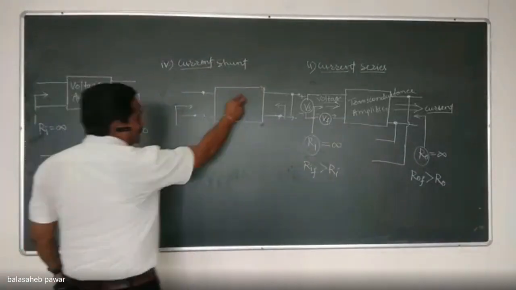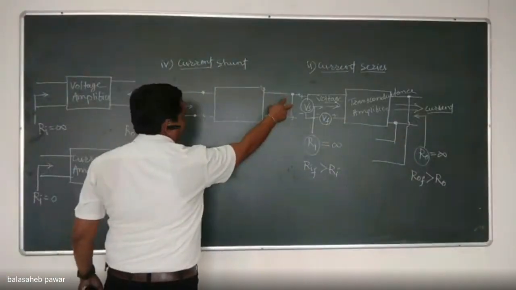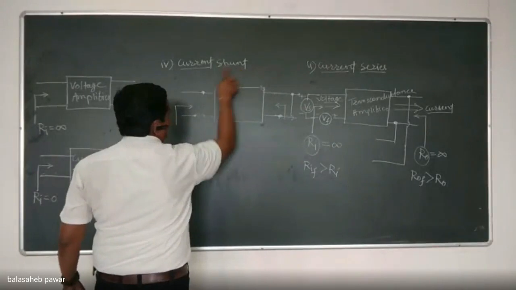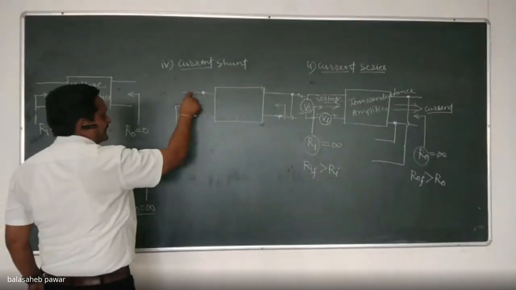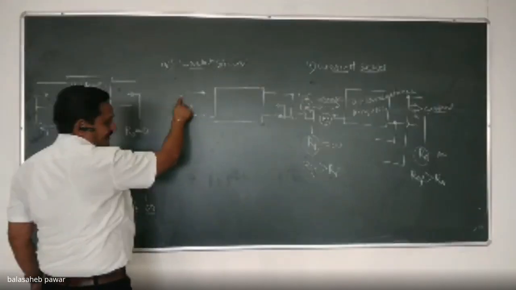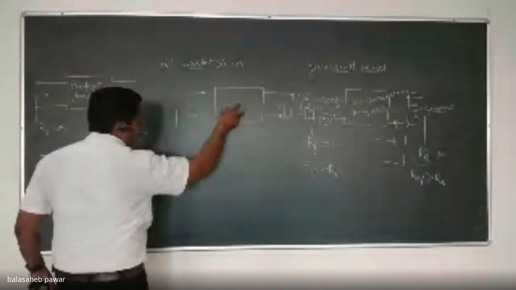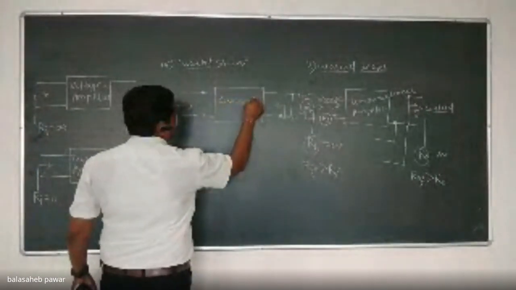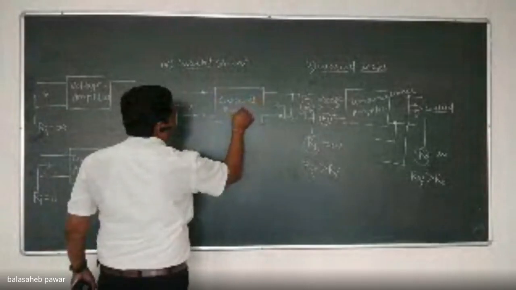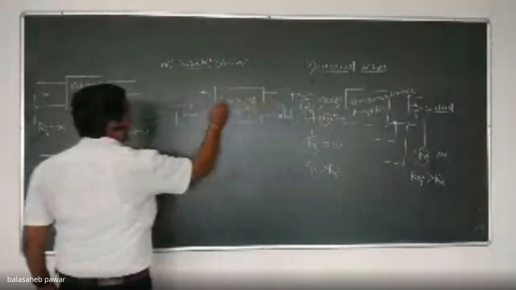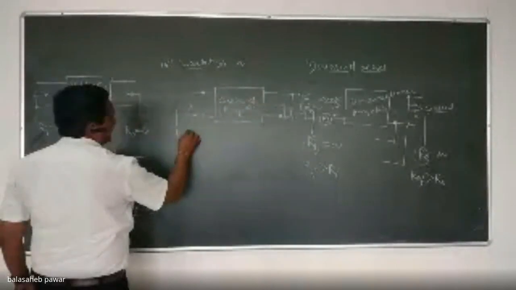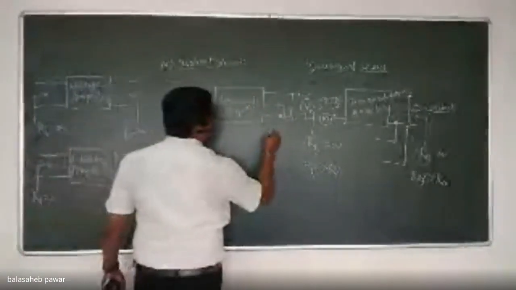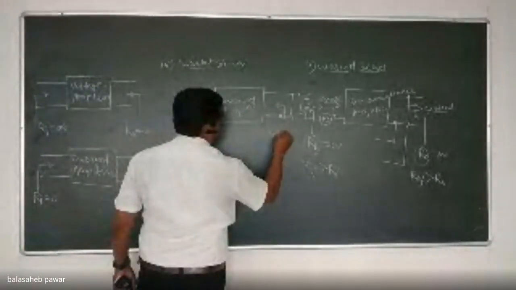That means the output of this basic amplifier will be current. What type of mixing? Shunt. Shunt mixing means the input signal should be a current. And that's why this basic amplifier will be a current amplifier. And already we noted for a current amplifier, RI is 0 and RO is infinite.